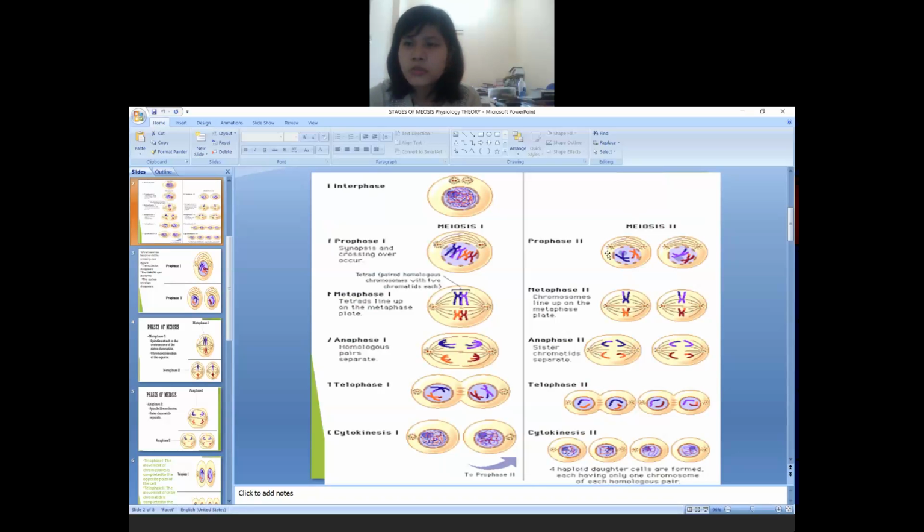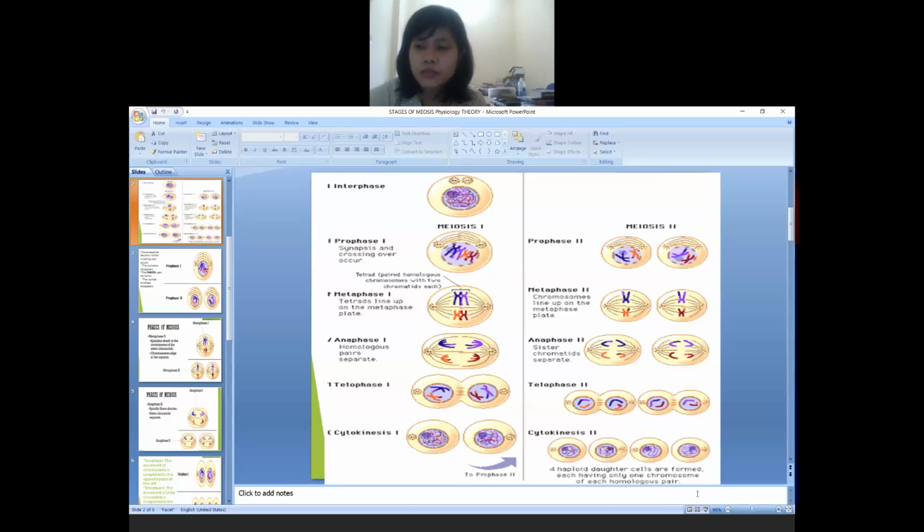So next is meiosis 2. In meiosis 2 the same thing will occur, but the only difference is that before it was one cell, now they will be dealing with two cells. In meiosis 1, they were dealing with one cell, but in meiosis 2, they will be dealing with the other two cells.